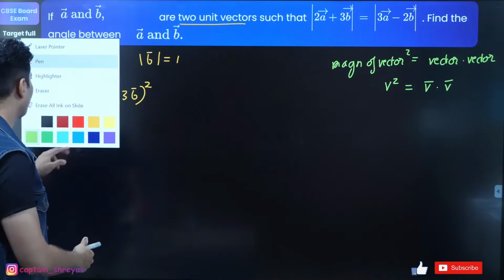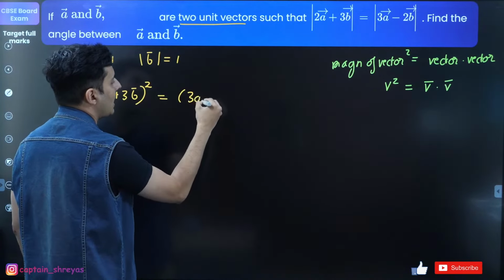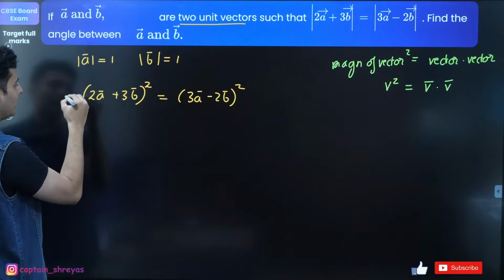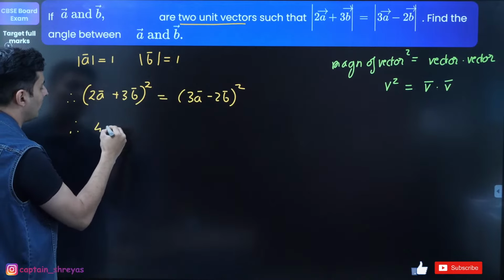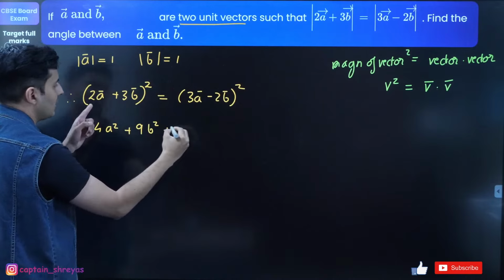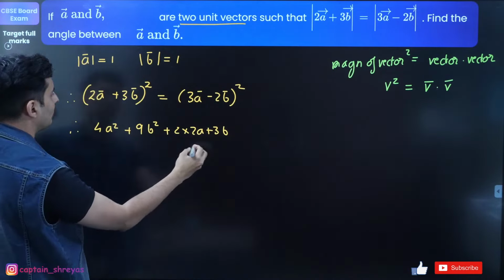So let's use that. This will be equal to 3a minus 2b whole square. So 2a's whole square will become 4a square. 3b's whole square will become 9b square, plus 2 into 2a dot 3b.